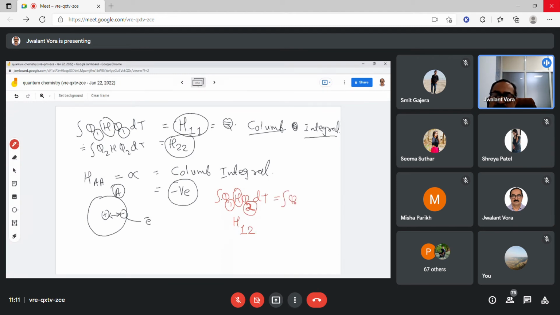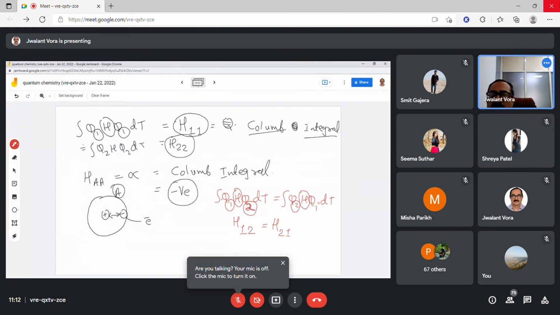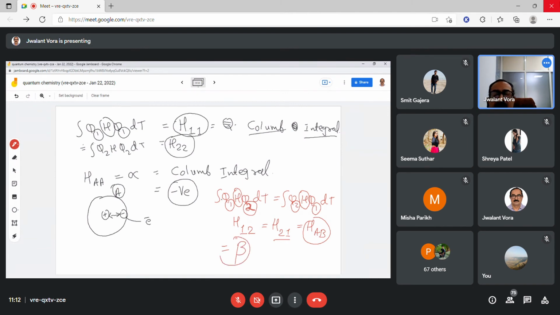This is equal to phi2 H phi1 d tau, this is also equal to H21. પહેલો ઓપરેટર લખ્યો પછી ફર્સ્ટ વેવ ફંક્શન લખ્યું, then we write second wave function, so this is known as HAB. અને એને સિમ્બોલ આપ્યો, this is equal to beta. So beta is known as resonance integral.